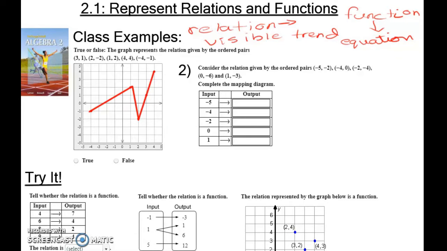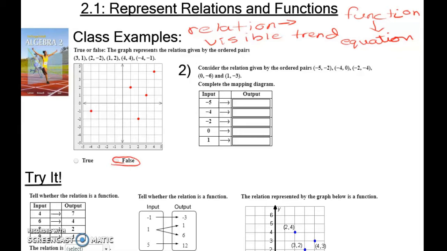The next point could be here, there, all the way up there, nobody knows. So there is no certain relation, and your answer would be false.